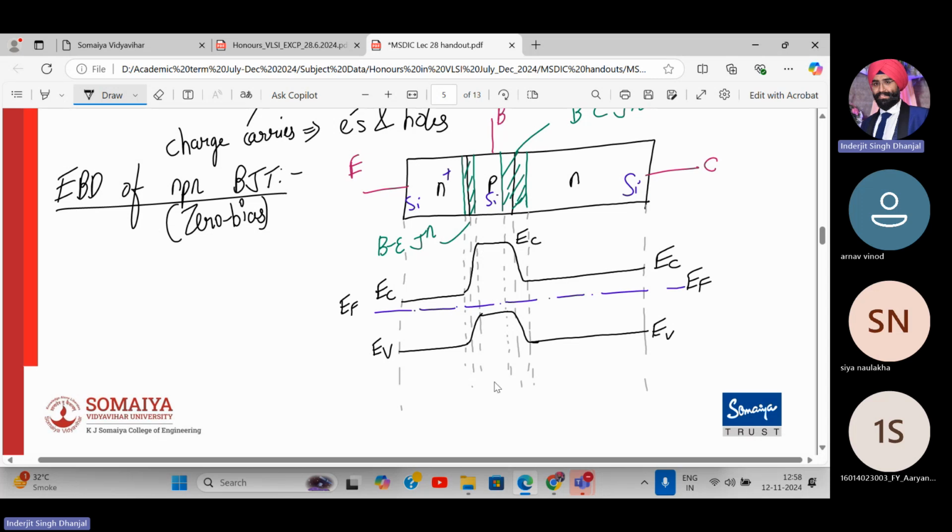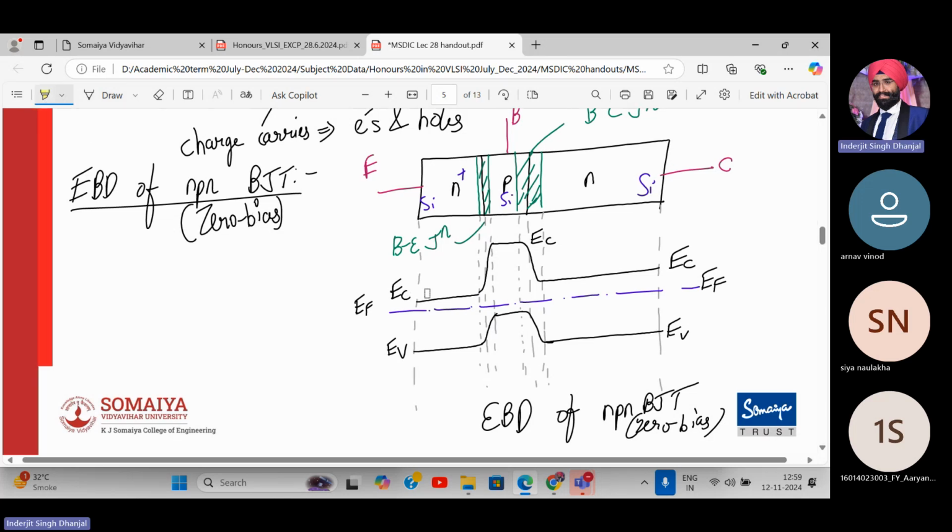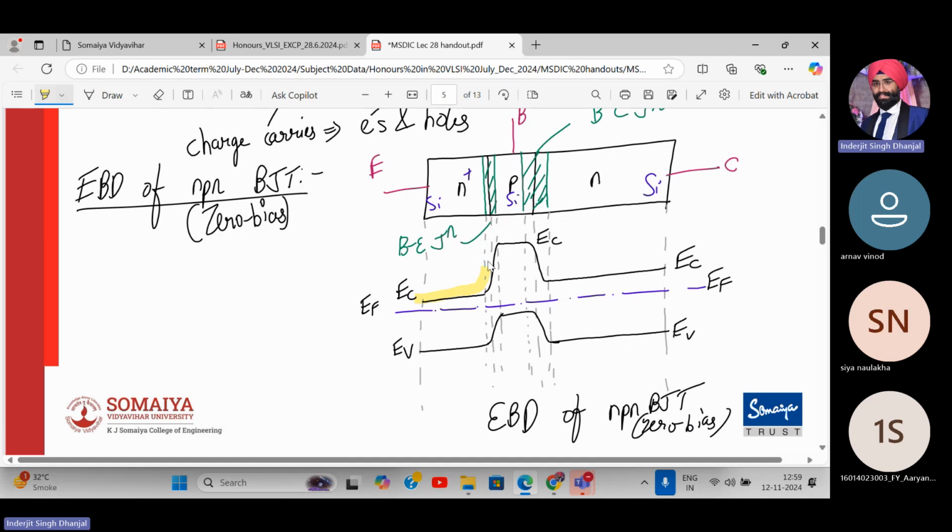So please draw the energy band diagram of an NPN BJT under zero bias. Okay, so please complete it. As you know, above this level, all states are of the conduction band and empty, and this is the valence band.